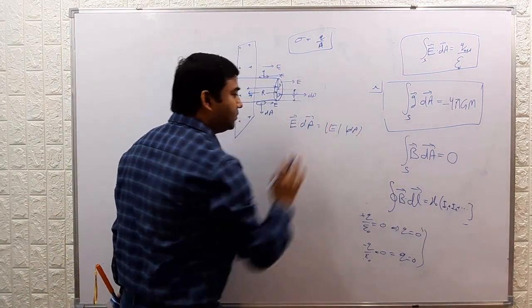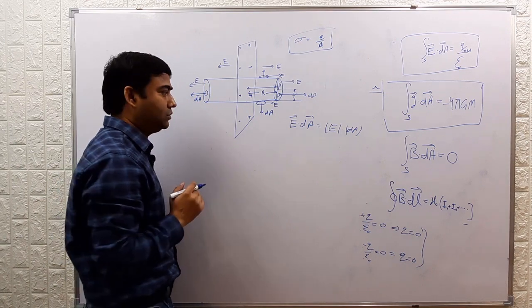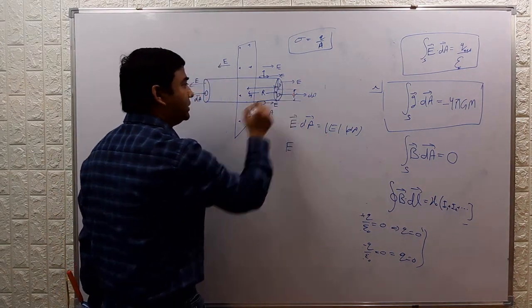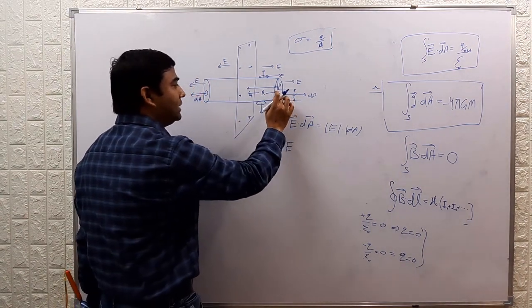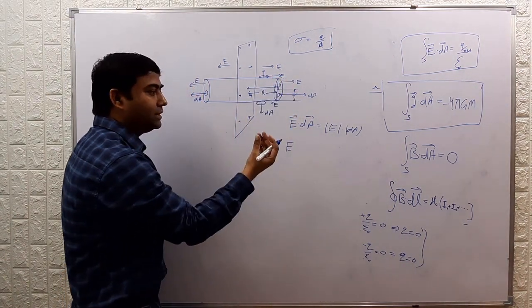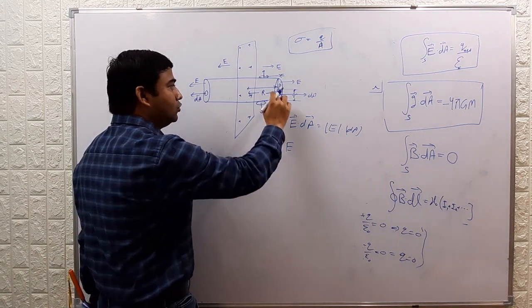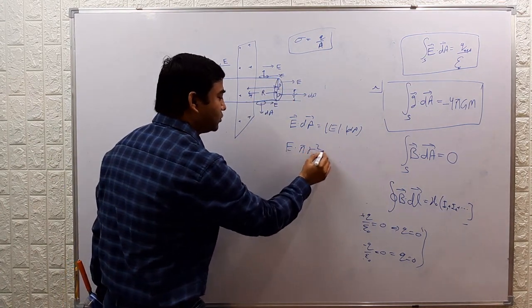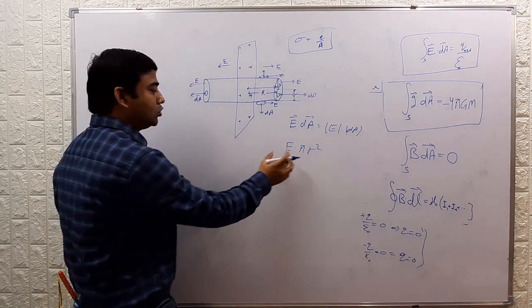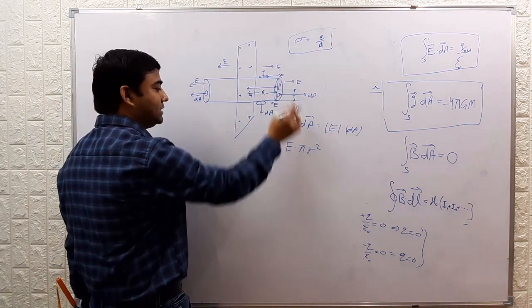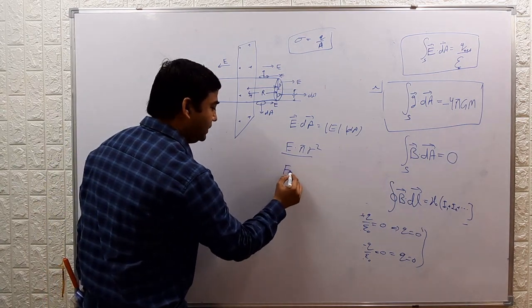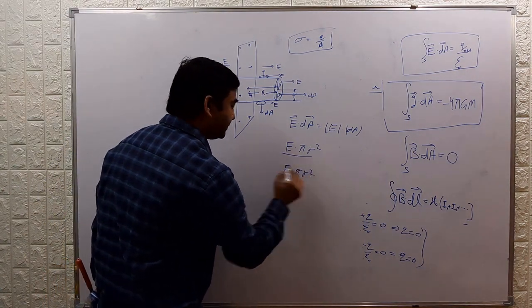That is just the multiplication of their magnitudes. Since E is the same at all points, when you add up the different area elements you get the total area, which is pi r squared. So the dot product for this face is E times pi r squared. Similarly for this face, it is E times pi r squared.